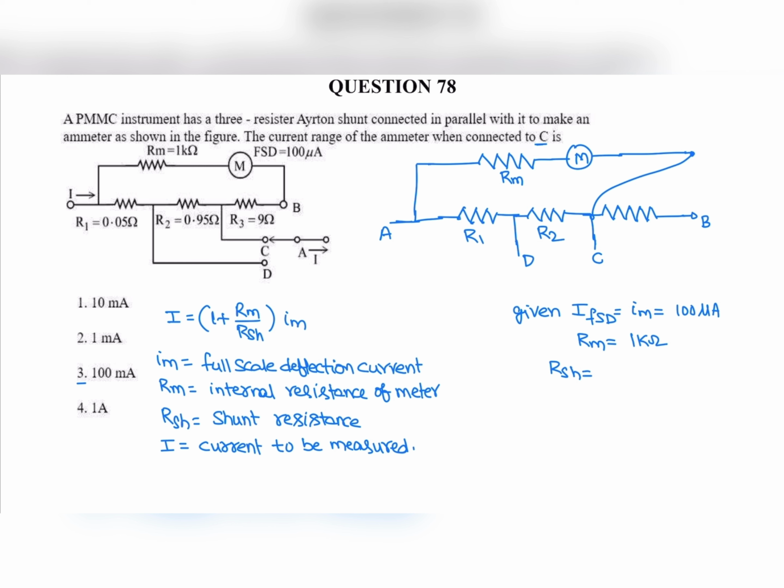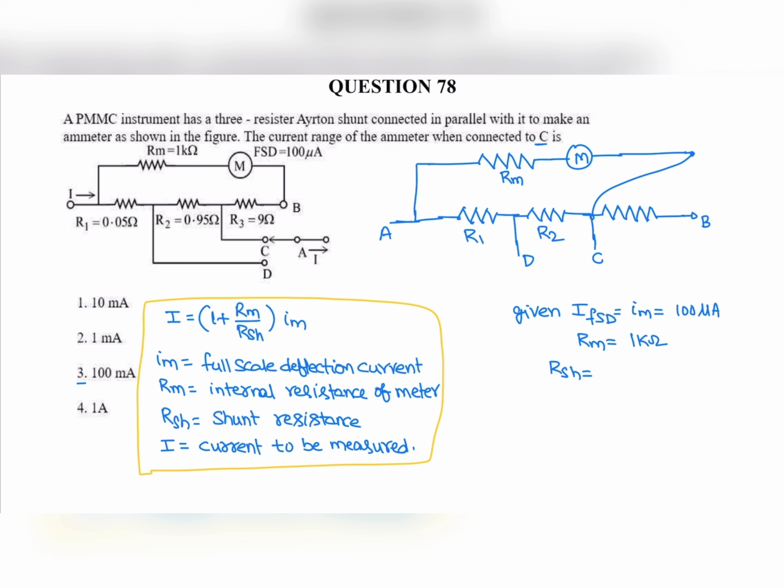We need to calculate the shunt resistance, and the formula is I equals 1 plus Rm by RSH, into Im, where Im is the full scale deflection current, Rm is the meter internal resistance, RSH is the shunt resistance, and I is the current to be measured.